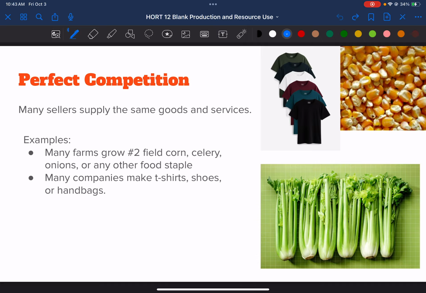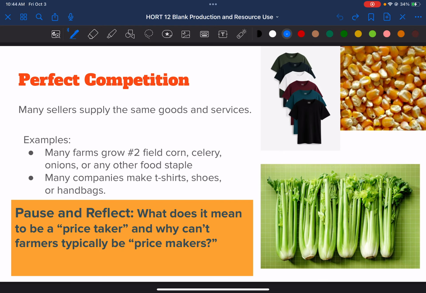So this is a big crop, and pretty much all of the number 2 field corn in the nation is the same thing. Same thing with celery or onions or any other food staple. For the most part, no matter who you buy it from, you're getting pretty much the same product. So that's perfect competition.